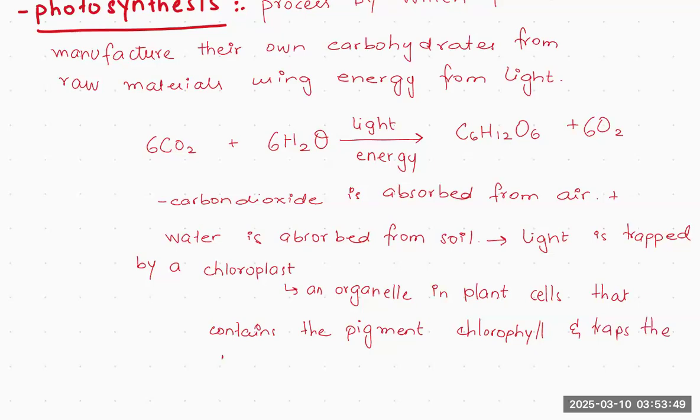So the carbon dioxide will come from the surrounding air, the water will come from the soil, and the chloroplast, which has the pigment chlorophyll, will trap the light energy, right? And as a result, it will be able to break down the carbon dioxide and the water to make glucose.